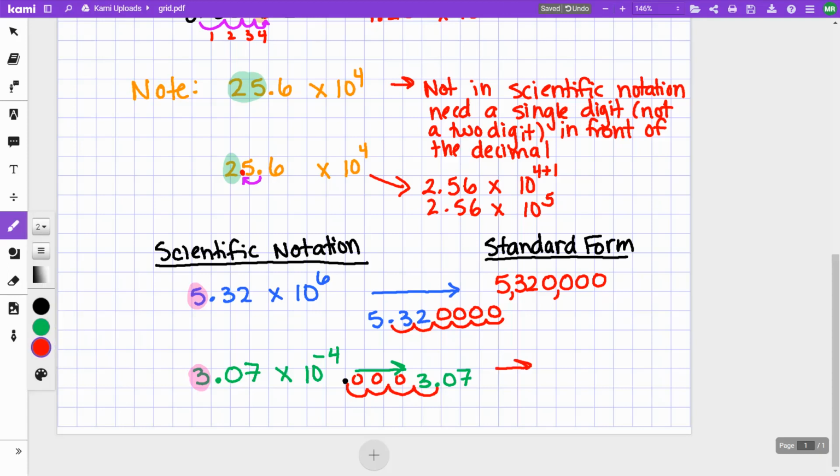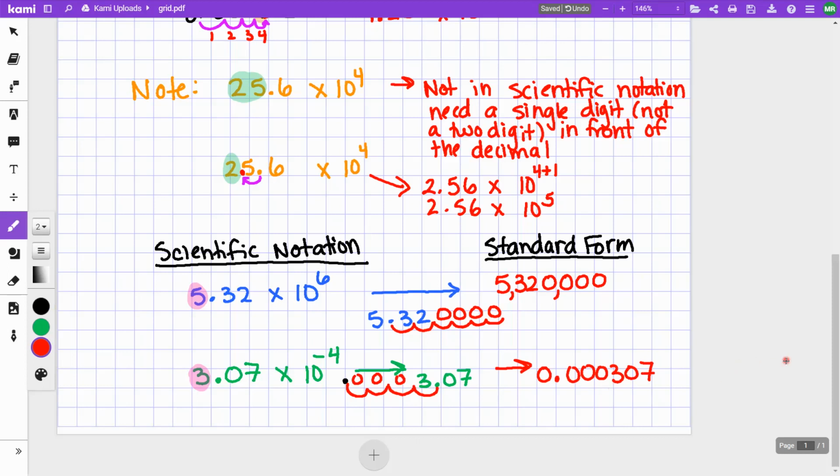So this in standard form is going to be, I'm going to put a 0 in front, just in front of my decimal. It's not one of the 3 zeros I wrote. So I'm going to have 0 point, and then I have 0, 0, 0, 3, 0, 7.